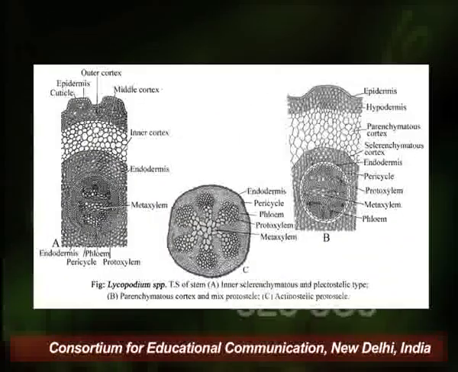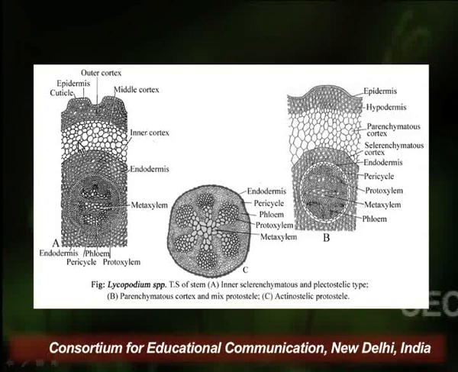If we see the difference between those species having homogeneous cortex and heterogeneous cortex, then we could easily see that in those species where the cortex is heterogeneous, the inner cortex is made up of sclerenchymatous tissues, the middle one is made up of parenchymatous cortex, and the outermost is made up of chlorenchymatous tissues.